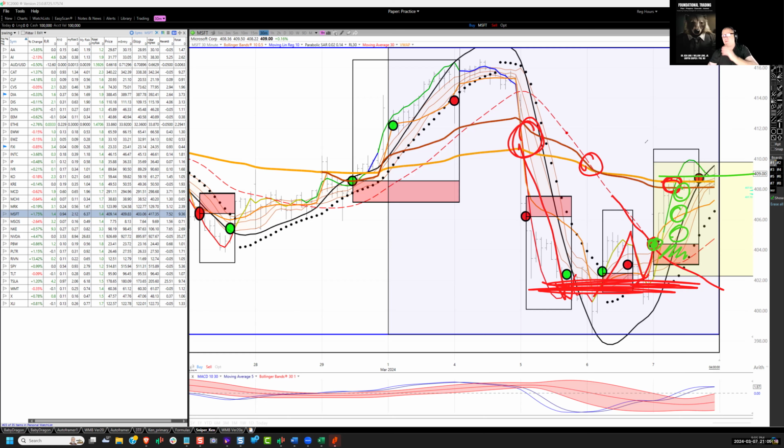Now, if I use the same logic to say, if it continues tomorrow, how far could it go? Well, I already see how far away they can take it. So that's how far they could take it up. And that's how far this absolute price level is. So what is it? 416 is in play tomorrow.